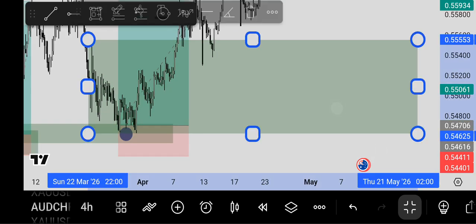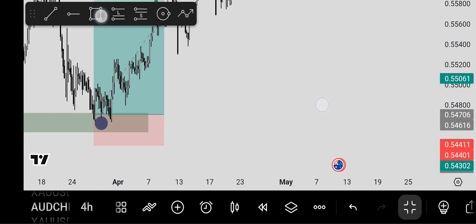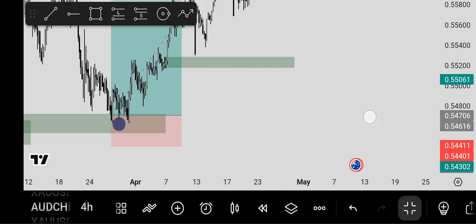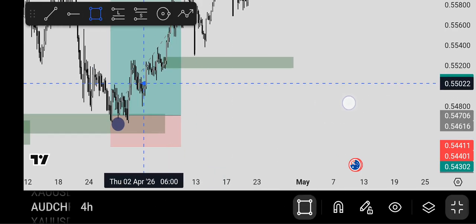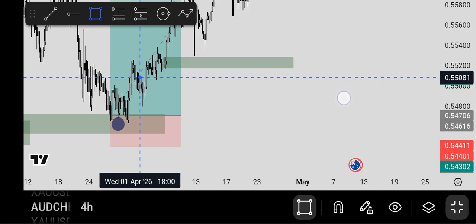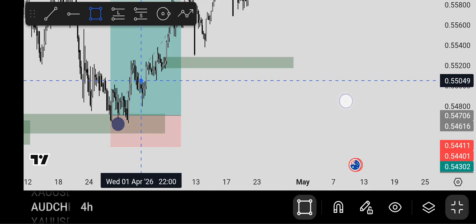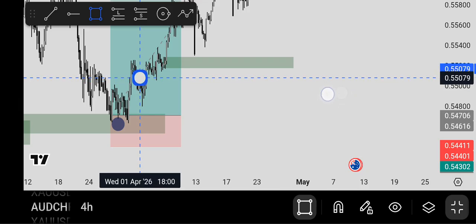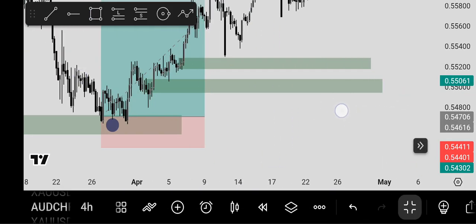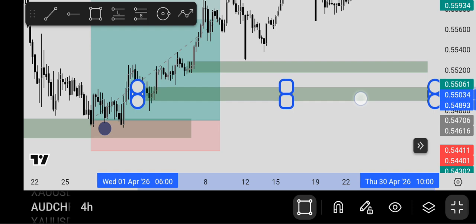So we want to choose these two levels, mark them out, and then we'll quantify them and qualify them, and then we have this other level here. And so for the first level here, the price had already tapped into the consolidation part of the price.